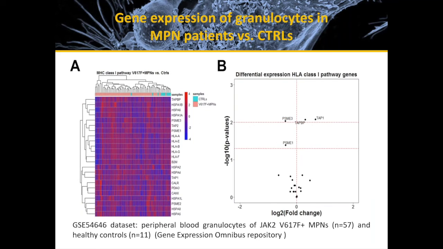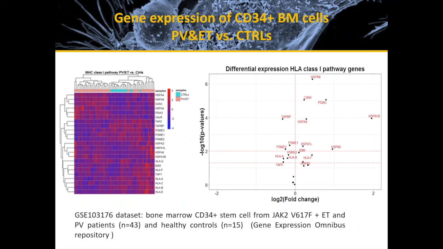As you can see from these graphs, a number of genes, including HLA class I, HLA A, B, TAP1, tapasin, were significantly downregulated in CD34 positive stem cells from JAK2 V617F positive patients compared to healthy controls.